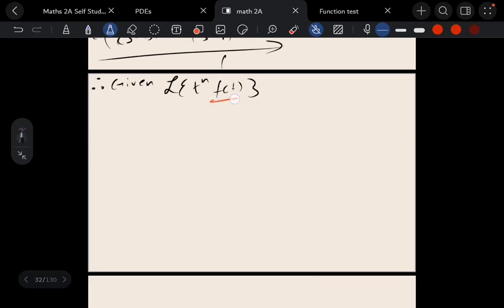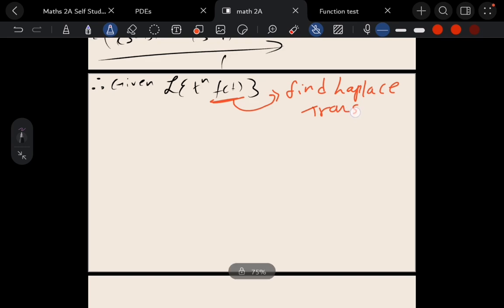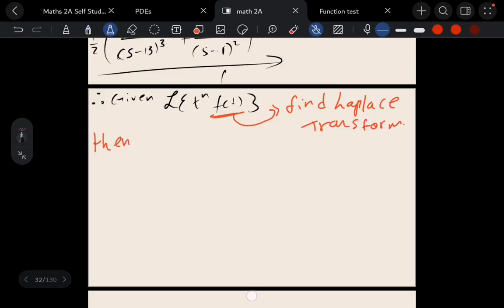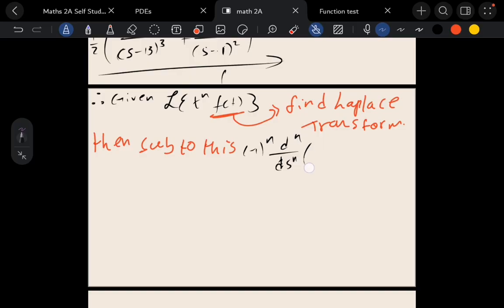First thing that you need to do, find the Laplace transform of f of t, and then sub to this equation here. Sub to this equation and then get along with this.